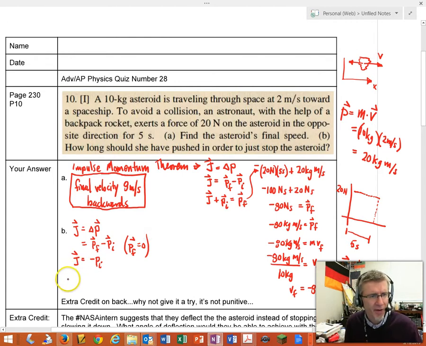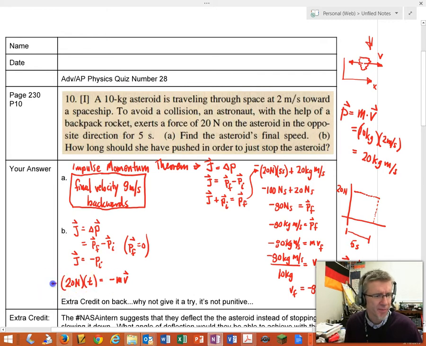Now, how long should she push? So a 20 newton rocket pushing for t seconds equals minus the initial momentum. Remember, the velocity here is a positive direction, so that equals minus mass times velocity.